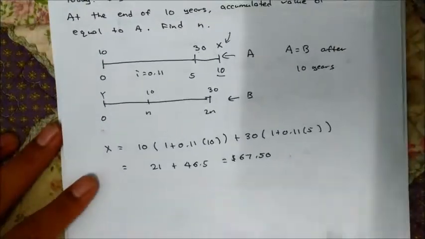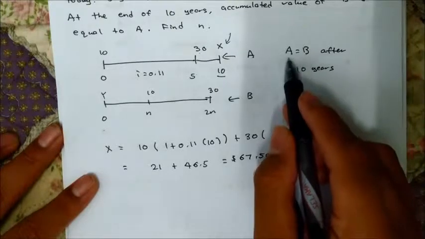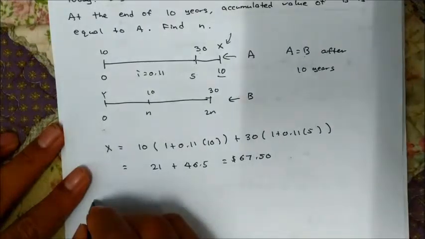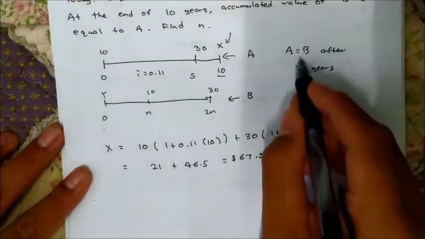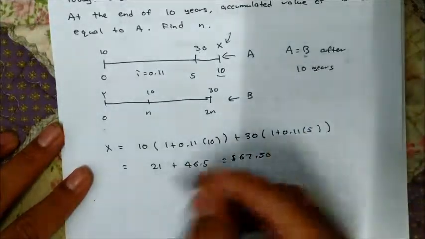Alright, so since the question said that the accumulated value of A is going to equal B after 10 years, we need to create the formula of Fund B using the information above.